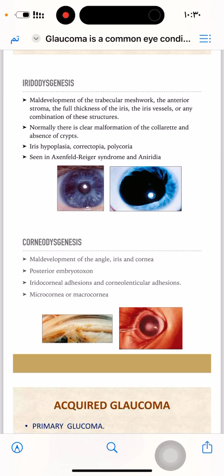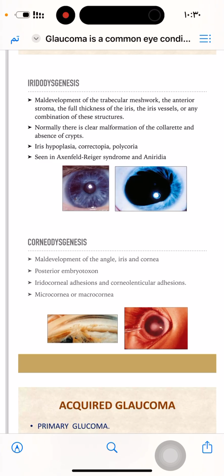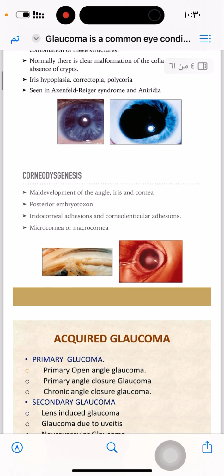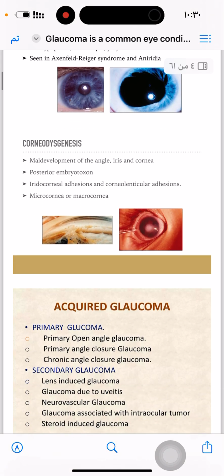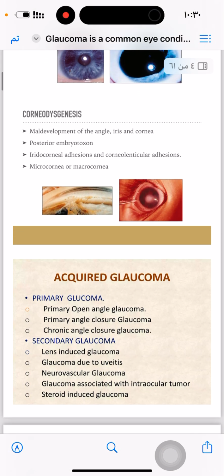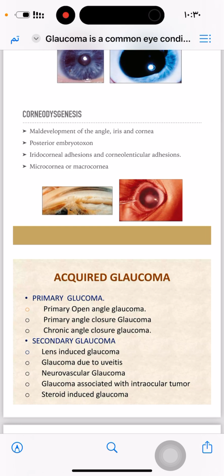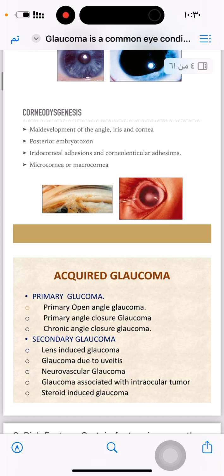We have full thickness of the iris, and abnormally there is absence of crevices, seen in this syndrome and aniridia. Corneodysgenesis means abnormalities in the angle, iris, and cornea. We have adhesions in corneolenticular and iridocorneal forms. We also see it lead to microcornea or macrocornea.